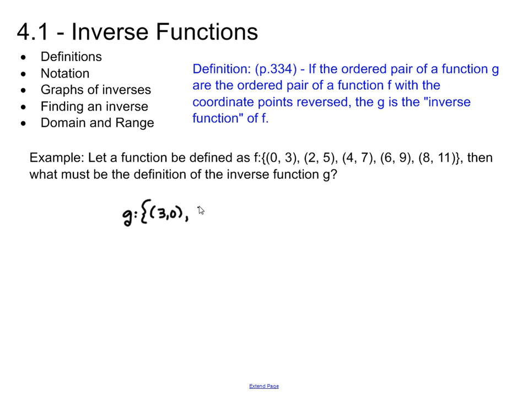Instead of 2, 5, we'll have the point 5, 2. Instead of 4, 7, we'll have the point 7, 4. And down the list we go, just reversing the ordered pairs that we were given in the function f of x in order to come up with our sets of ordered pairs. So instead of 8, 11, it should be 11, 8.